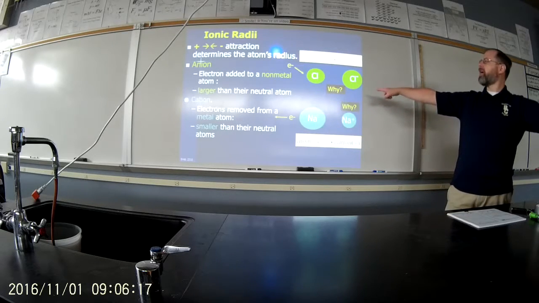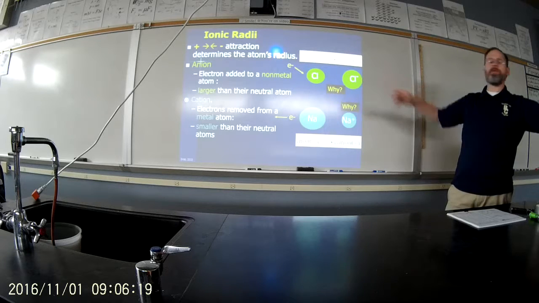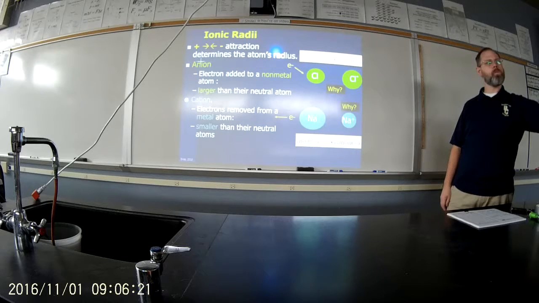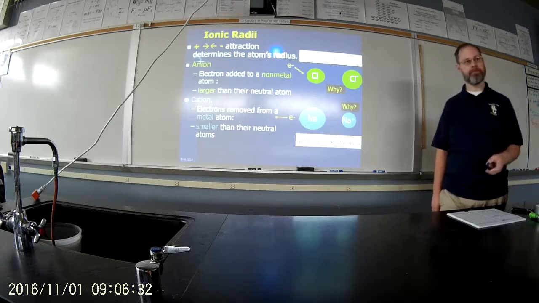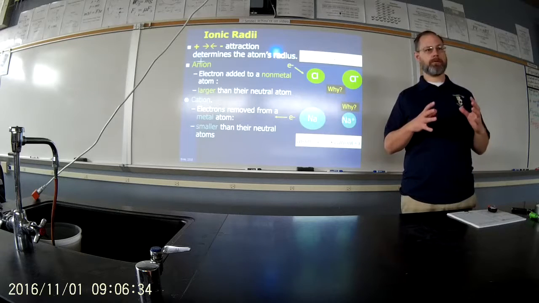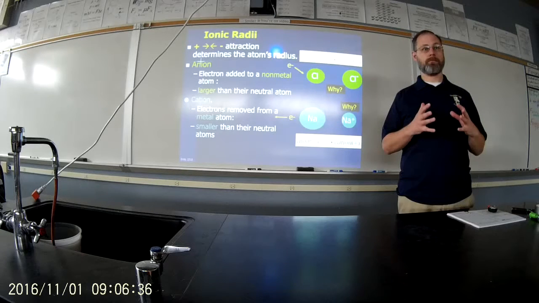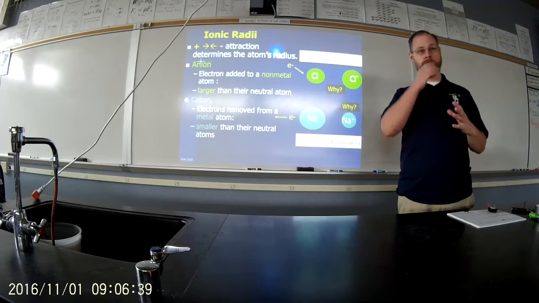Why are anions always larger than their neutral atom? You add something. You add an electron, and what does that do to the atom? Oh yeah, it has something to do with the orbital. No, maybe. I remember it. Brain not working.